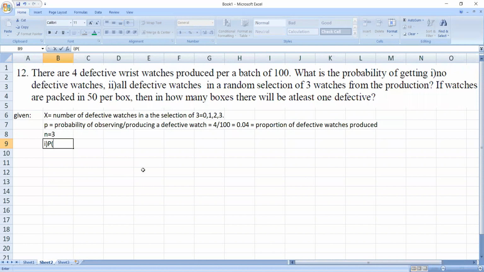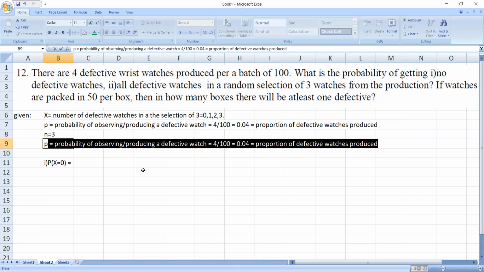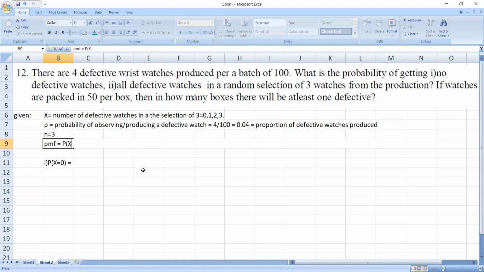Okay, what is the probability of getting no defective watches? So when I say no defective watches, so number of defectives or X becomes 0. So prior to that, you write your PMF. PMF is equal to P of X is equal to x equals nCx p to the power of x into q to the power of n minus x, which is nothing but 3Cx, and p we have taken 0.04 power x, and q will be 0.96 to the power of 3 minus x, with x taking values 0, 1, 2 and 3.